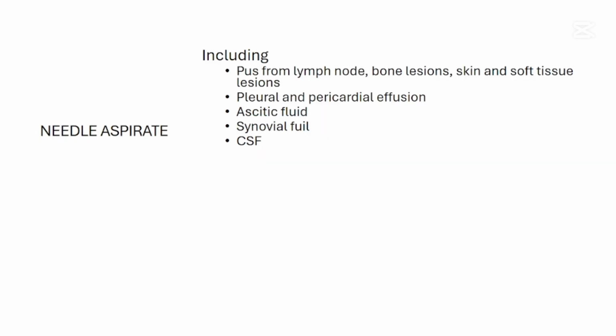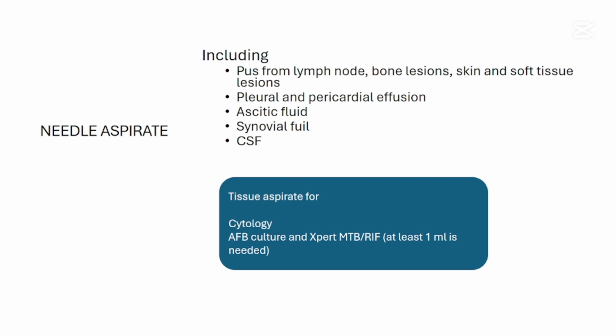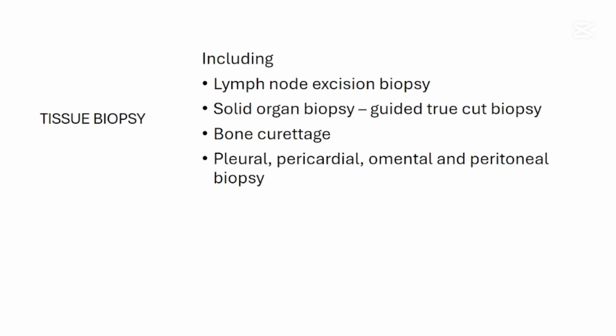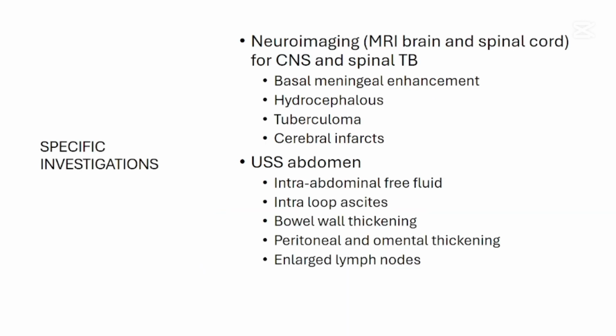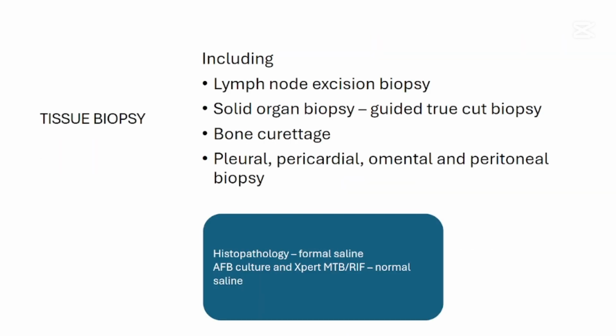So investigations mainly include either needle aspiration or tissue biopsies. What I have to mention is that most of the time extrapulmonary TB is referred to us by pathologists, not by clinicians.